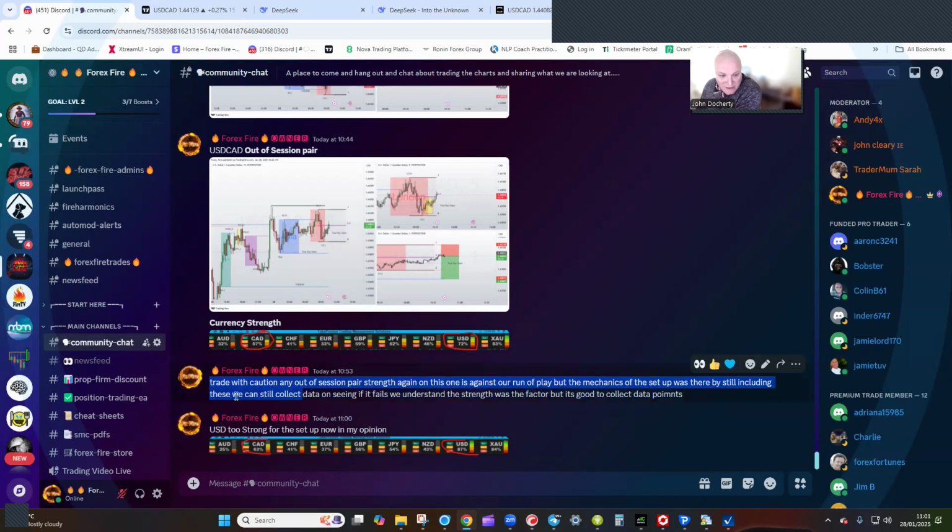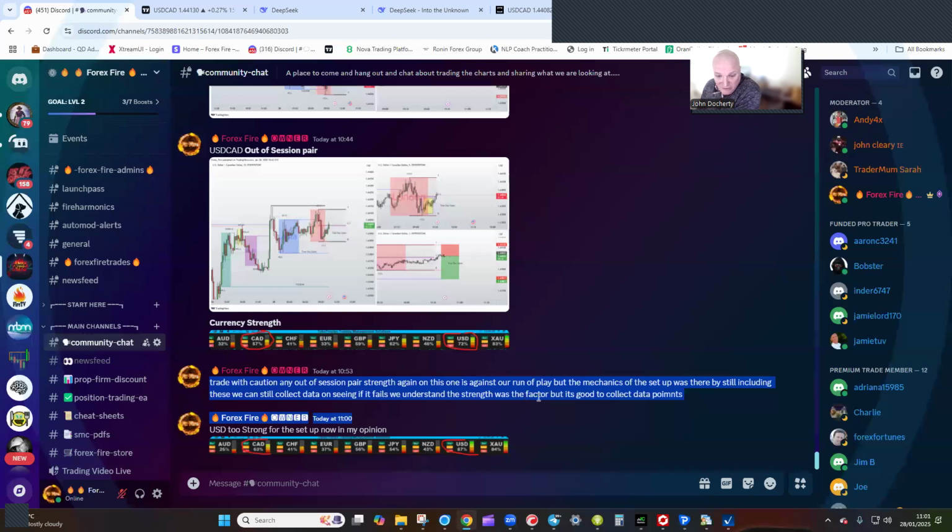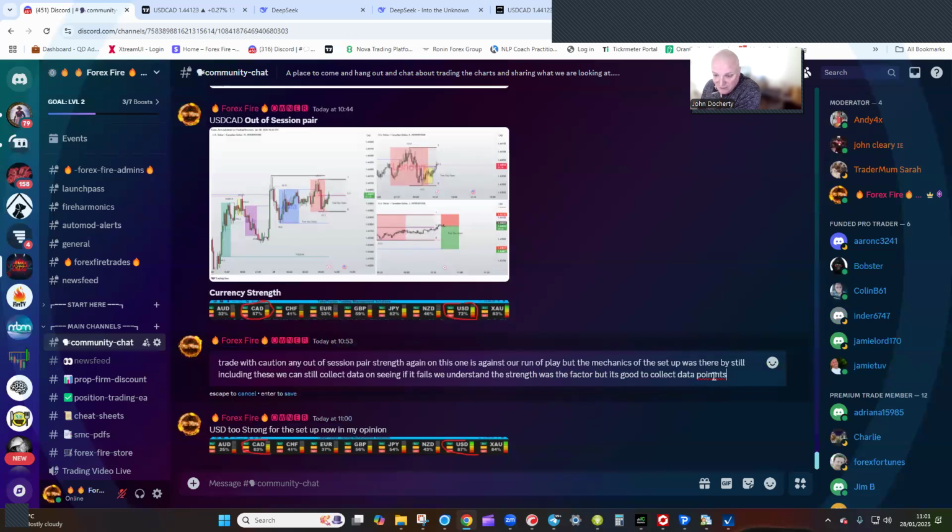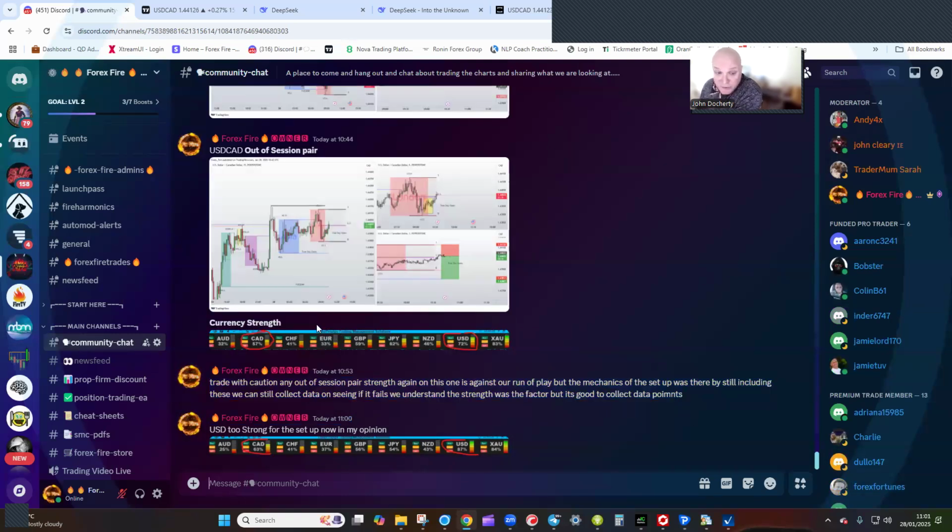By including these, we can still collect data and see. We understand that the strength was a factor, but it's still good to collect these data points. The more we do this and the more we collect these, we can understand just how good this is as a tool to factor in with what we do.